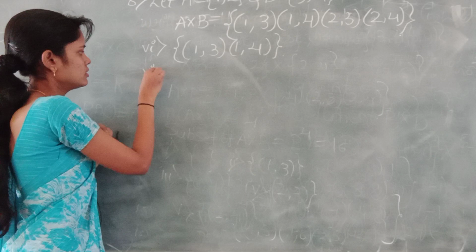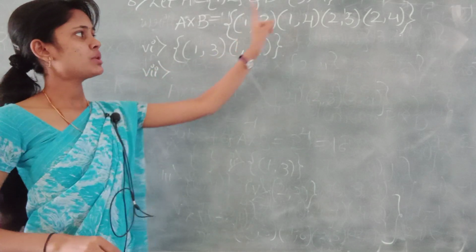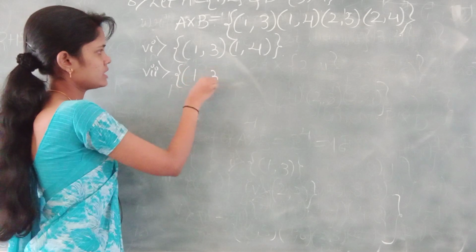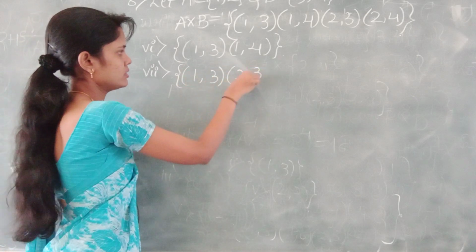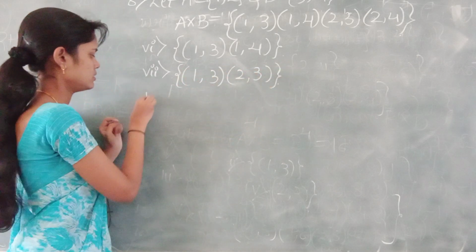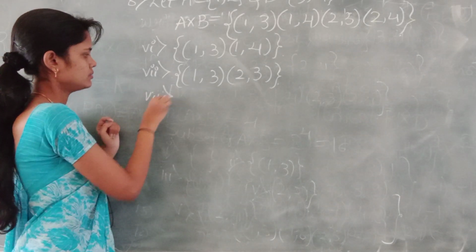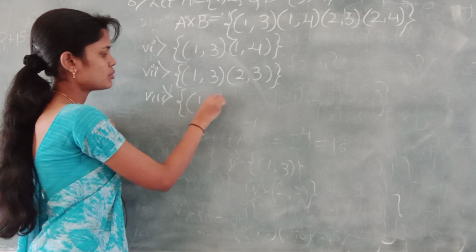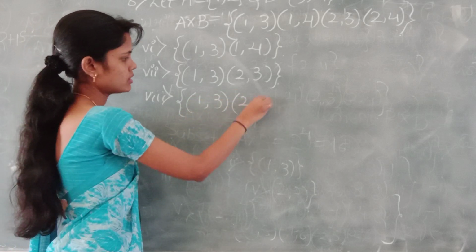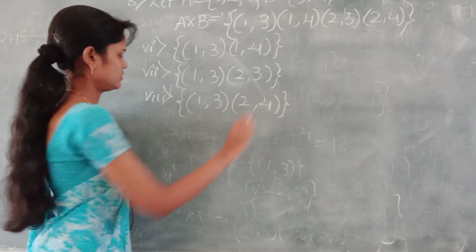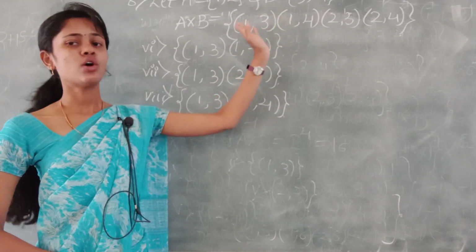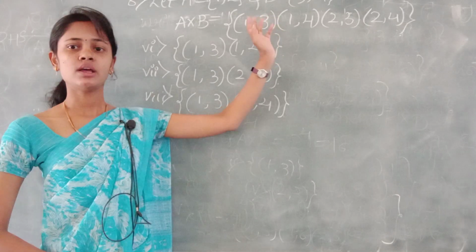Seventh one, 1, 3 with 2, 3. Then eighth one, 1, 3 with 2, 4. Right. Then with 1, 3 all the ordered pairs are over.